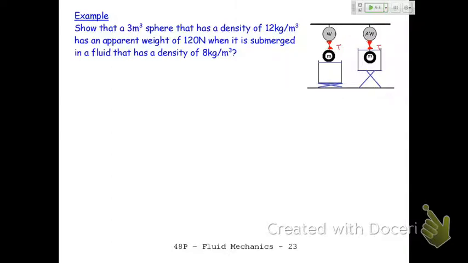In this case, I can say the sum of my forces vertically equals 0, so my tension, which is upwards, plus my FB is equal to my FG.